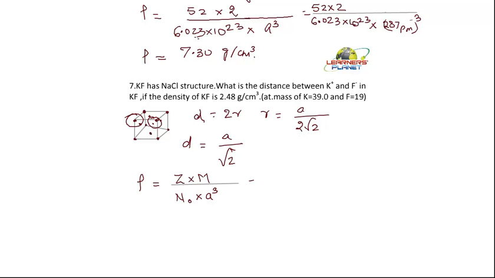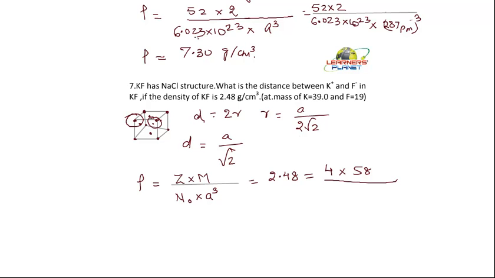Now we have the density, which is 2.48, and the structure is FCC. So how many atoms are present per unit cell? There are 4 atoms per unit cell. So 4 into the atomic mass, how much will it come out? 39 plus 19 is 58.